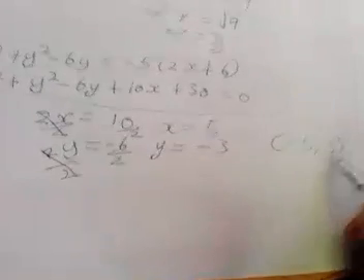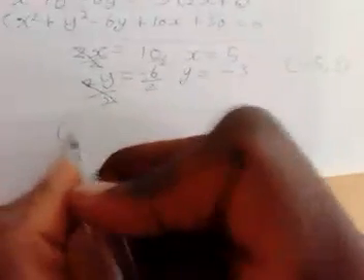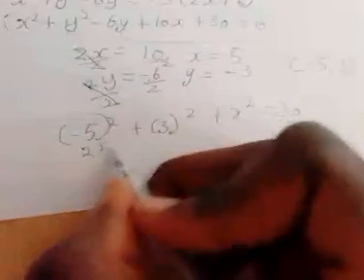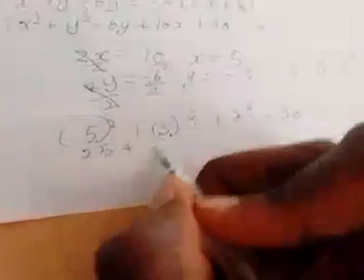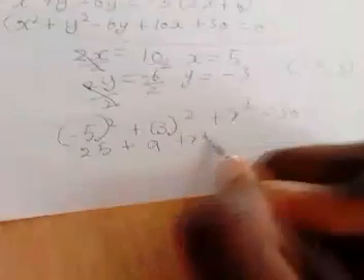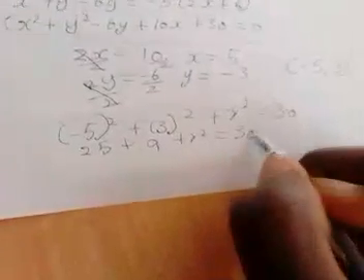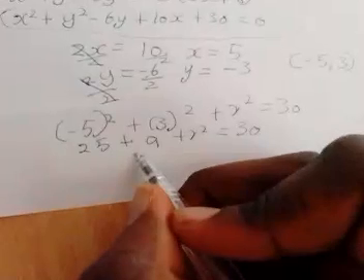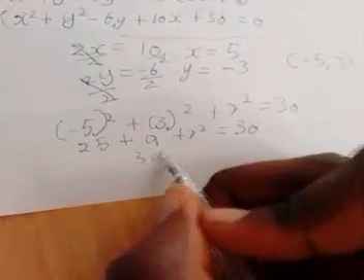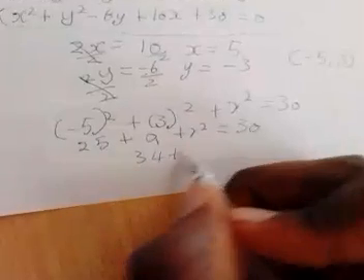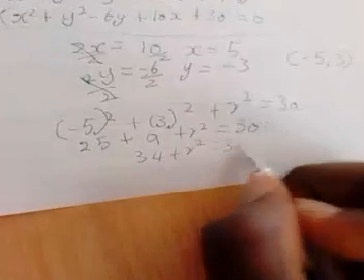I have this. To get my radius, I'm going to square it up. And this square is 25. This square is 9 plus r squared equals 30. And 25 plus 9 is 34 plus r squared equals 30.